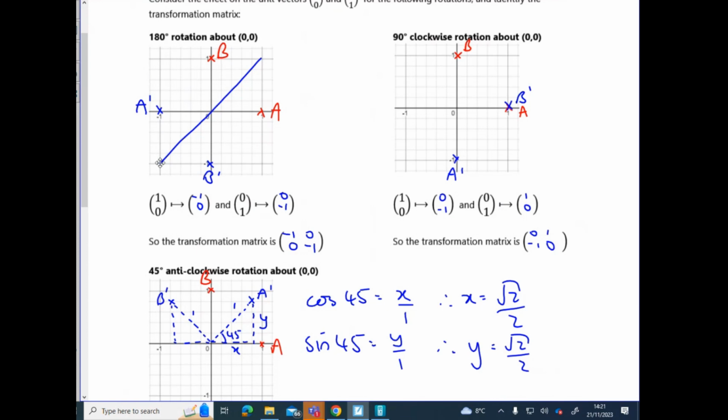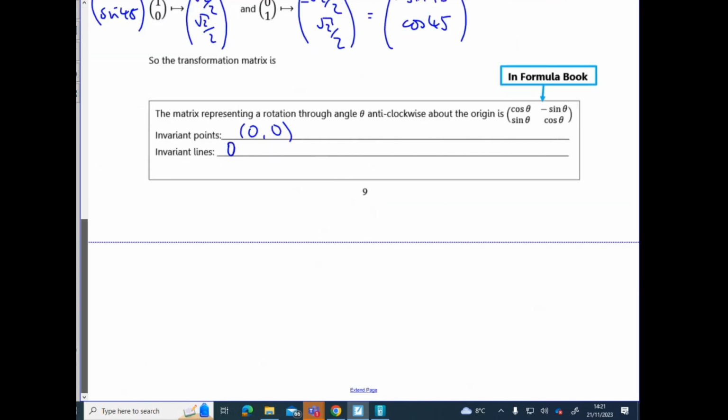Any line that you draw through the origin, you rotate it 180 degrees, is going to look the same. So when theta equals 180, all lines through the origin, i.e. it's anything of the form y equals mx. Otherwise, there are no invariant lines.